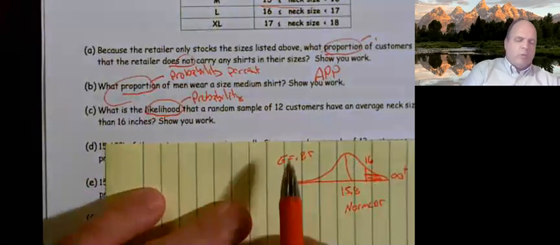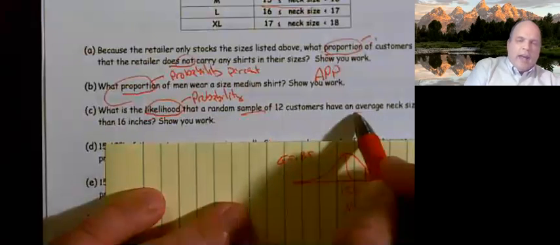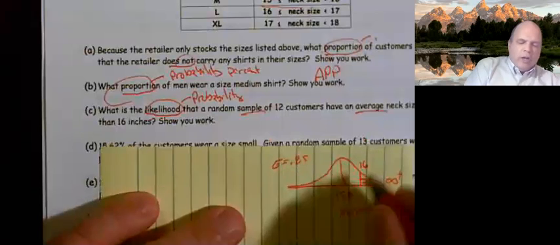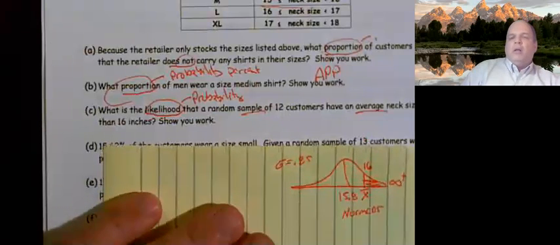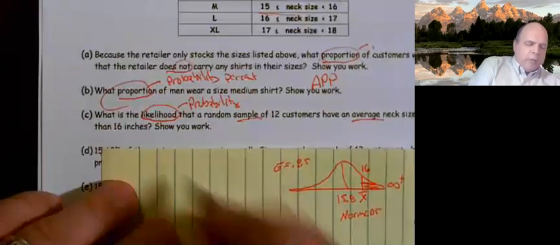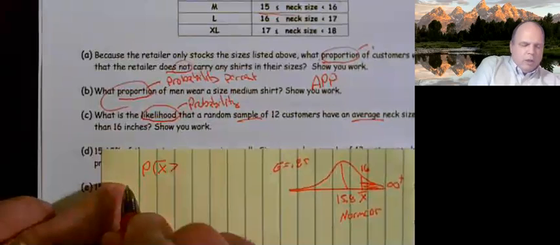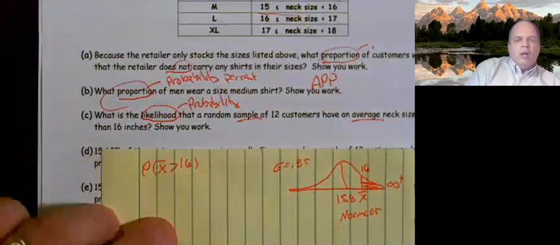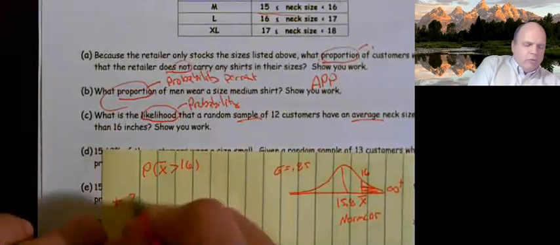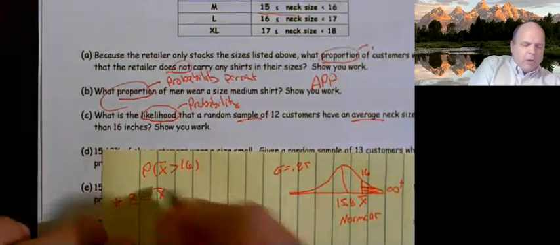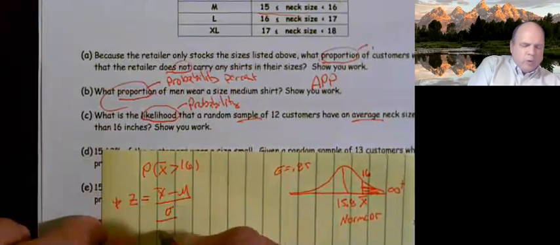So this is going to be a norm CDF. And notice I have a sample and I have the word average. Average tells me this is an X bar. So we want the probability that X bar is greater than 16, which in this case means I need this formula: Z equals X bar minus mu over sigma divided by the square root of n.